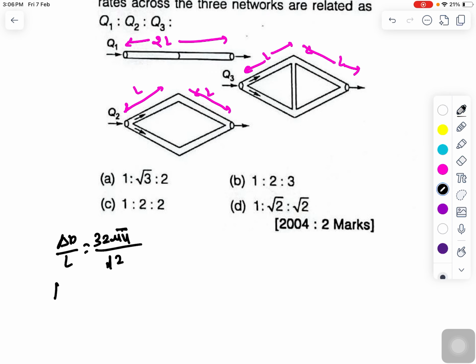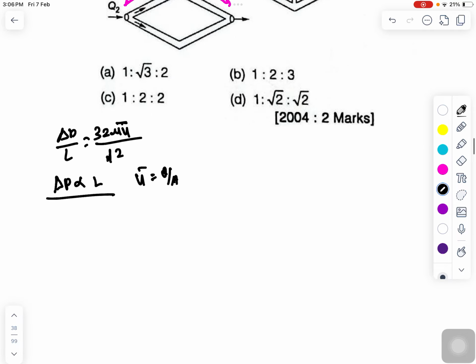Here you can see delta P is directly proportional to L. Is that clear? And what is U bar? U bar is equal to Q divided by area. Is that clear? And delta P is directly proportional to U bar, meaning delta P is directly proportional to L multiplied by Q divided by area. Is that clear? But the diameter of the pipe is the same. Is that clear?